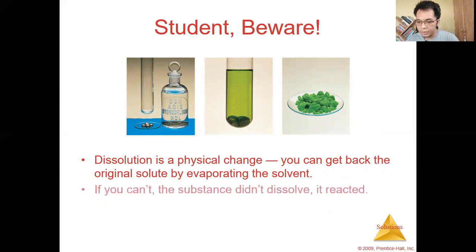Pero once the substance didn't dissolve, it reacted. So chemical change. Tandaan niyo, the solution process is a physical change, not a chemical change, as stated here. For the reaction of hydrochloric acid with mercury, nagbago yung kulay, so as we all know, it is one of the indicators of a chemical change. So I think this one here is a mercury chloride.